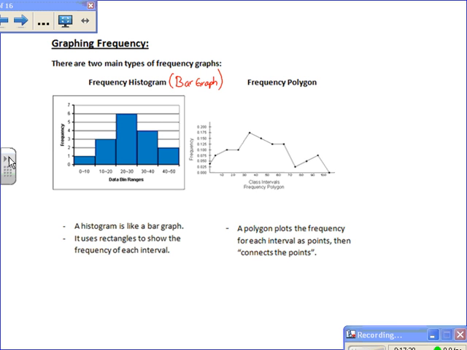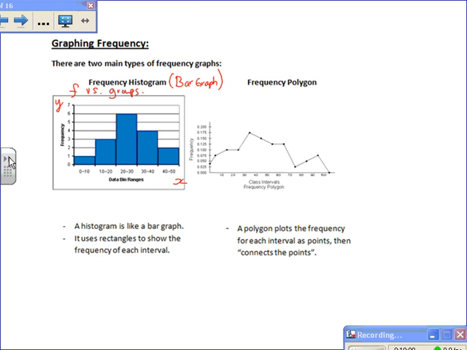Okay, and on the bar graph, we plot frequency versus our groups, or our data intervals. Okay, and so frequency is on our y-axis here, and I put my group intervals on my x-axis.